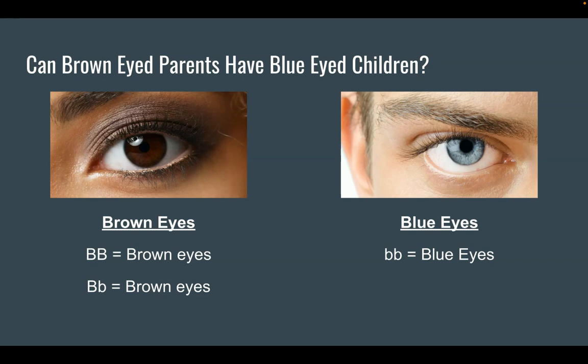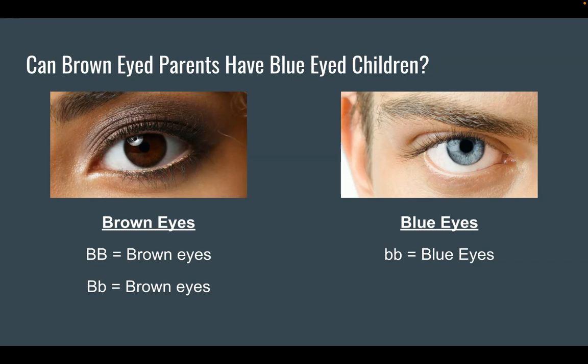But let's go back to our main question. Can brown-eyed parents have blue-eyed children? For this, it's important to know that brown is dominant to blue. So a parent with brown eyes might be dominant B, or they might be dominant recessive Bb, but they would still have brown eyes.